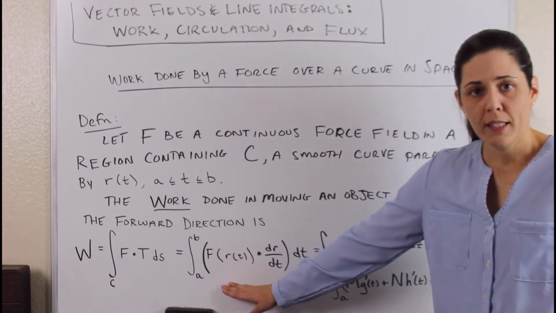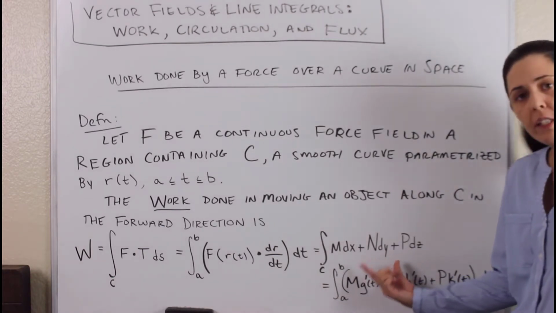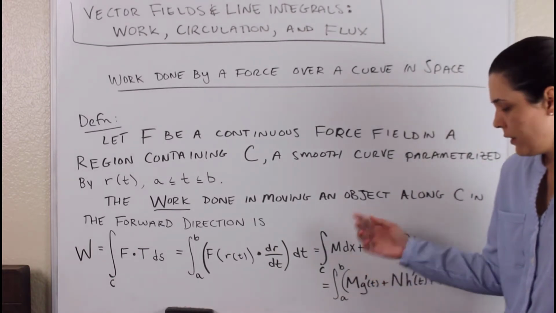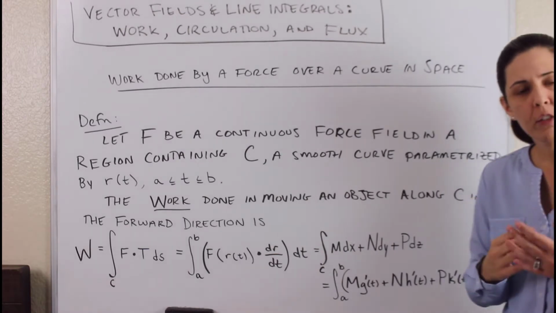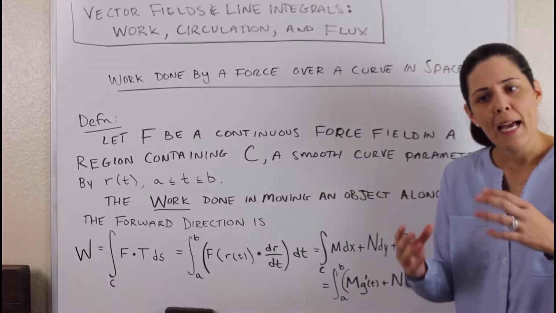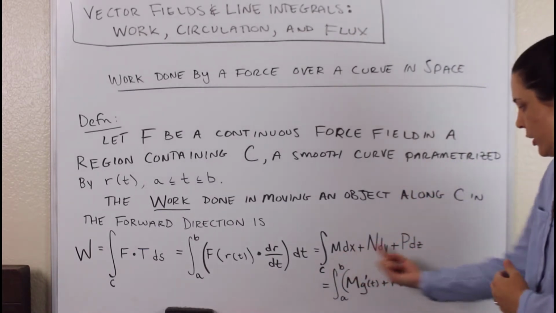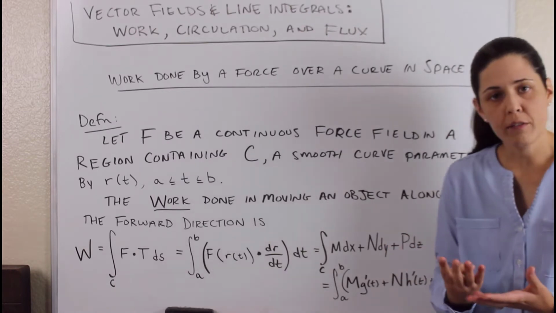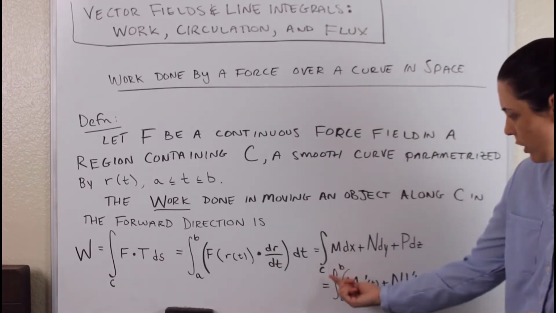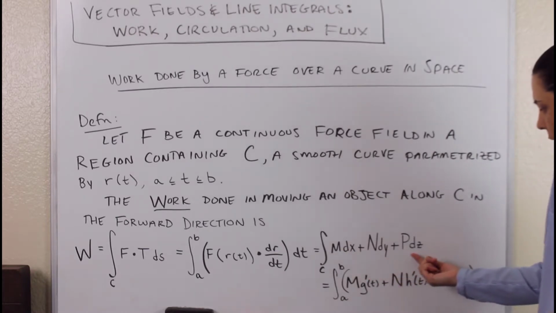You can also write the same thing in a couple of other versions. In the previous video, we saw if we wanted to look at just specific directions, so like the x direction, y direction, z direction, how we could take each individual line integral, and this is just a combination of the three of them. So the integral over our curve C of m dx plus n dy plus p dz.